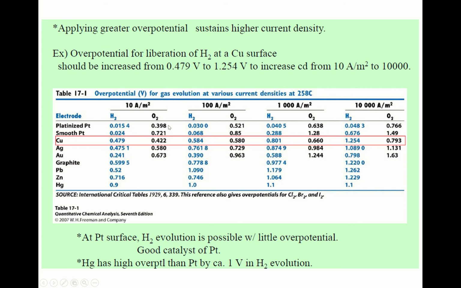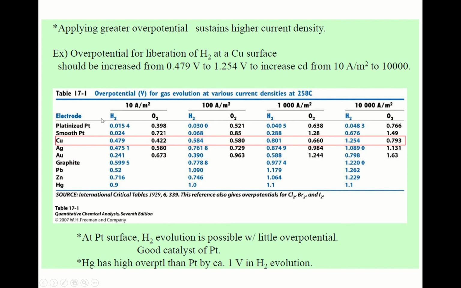Hydrogen and oxygen evolution reactions are the most widely studied electrochemical reactions. Let's take this example, platinized platinum, right? This is not smooth platinum; the surface is very rough, and it is called platinized platinum.